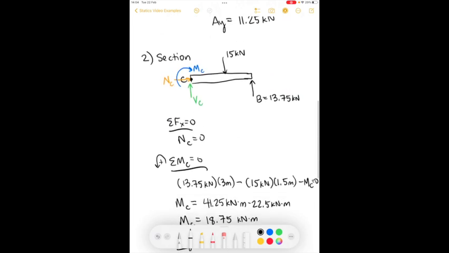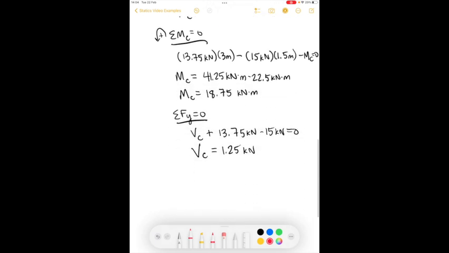So let's go back and look at our picture and figure out the signs. We see that the shear tends to rotate clockwise, so that will be positive. We see that this moment tends to bend it in the concave upward, so the bending moment is positive.